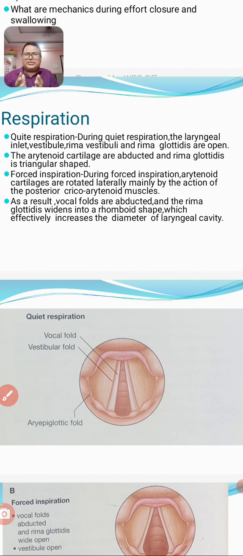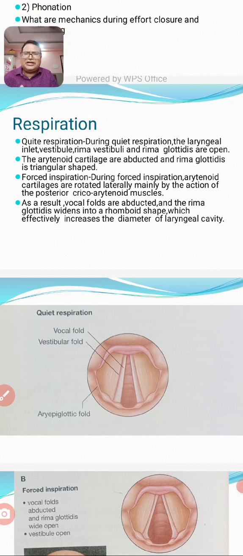Thus, in quiet respiration, the rima glottis is triangular, and in forced inspiration, the arytenoid cartilages are rotated laterally, mainly by the action of the posterior cricoarytenoid muscle.